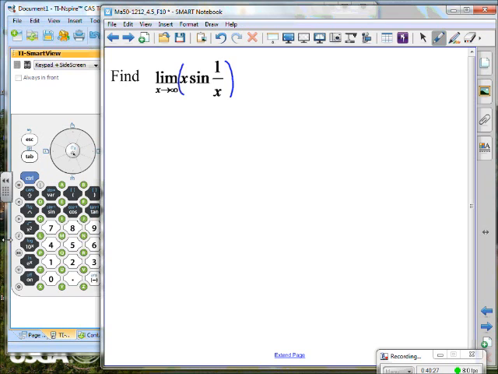Do you have your notes there? You do. Go back to chapter 2, our limit chapter. There was a theorem involving sine. What was that theorem?